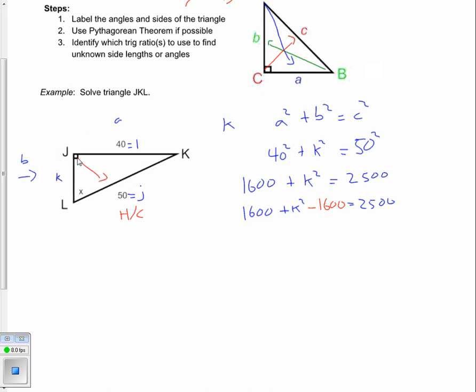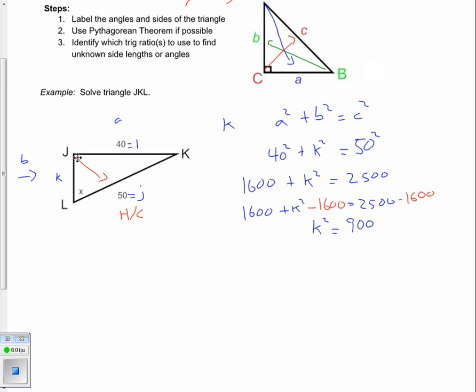So I'm going to subtract 1600 from both sides. So what this means is that I'm left then with k squared is going to be equal to 2500 minus 1600, which should give me 900.